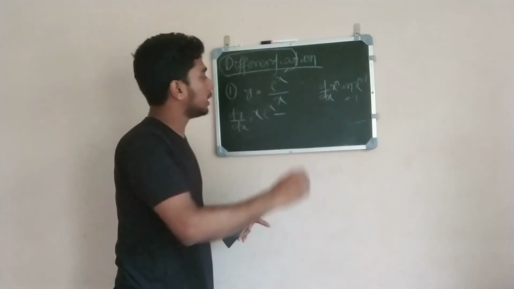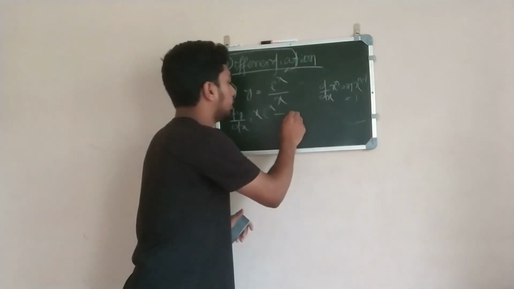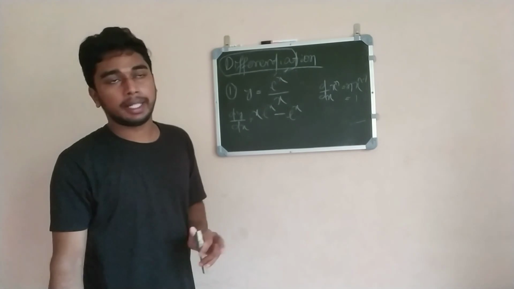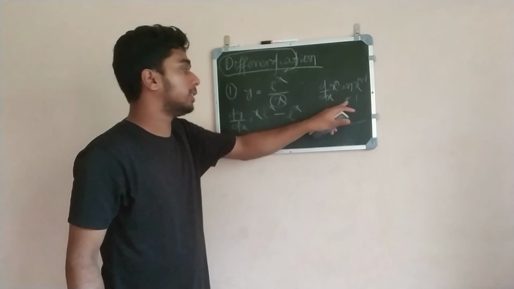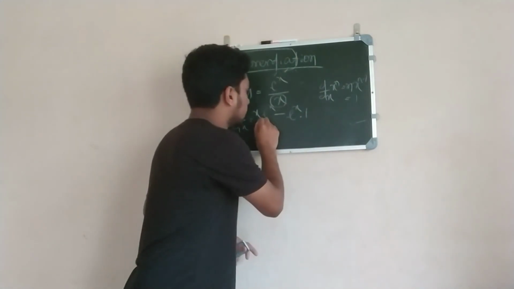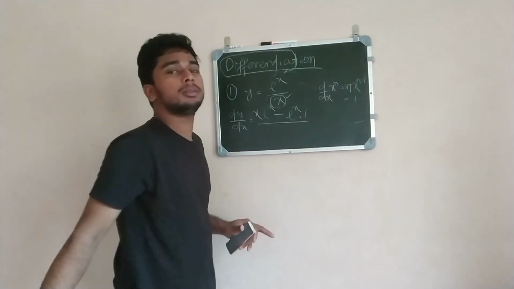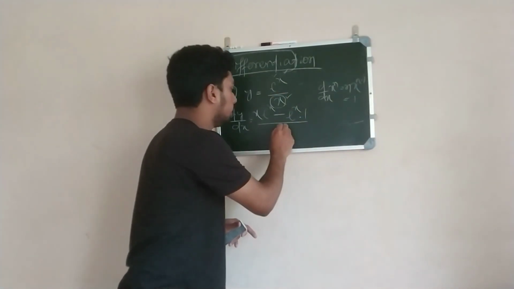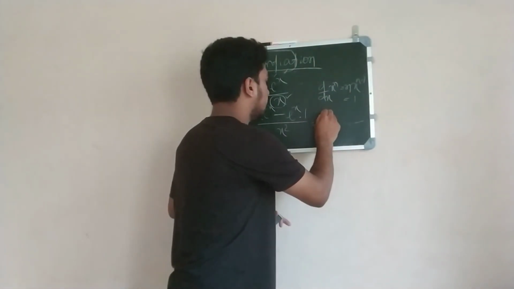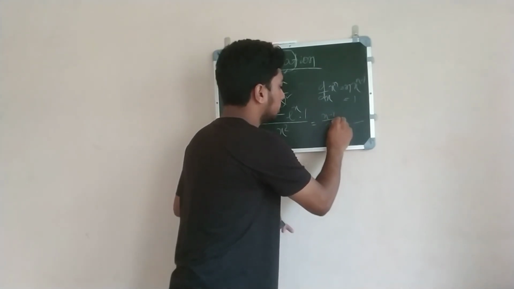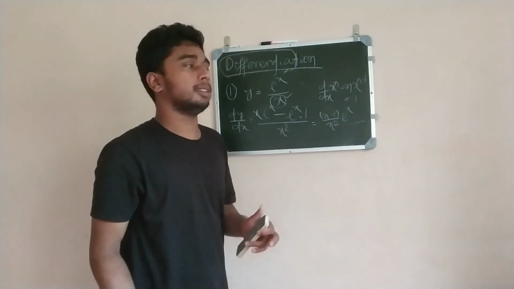Then leave the numerator, e to the power x. Then take the derivative of the denominator, which I discussed is 1. Then divide by the square of the denominator, which is x square. So our result is x minus 1 by x square, times e to the power x. So this is our answer.